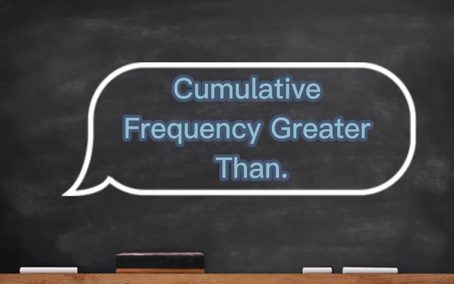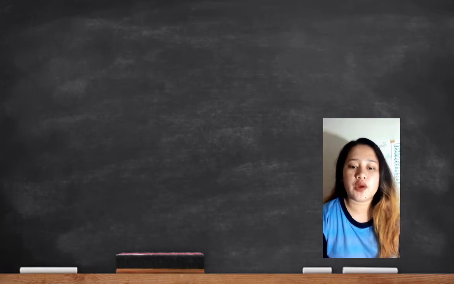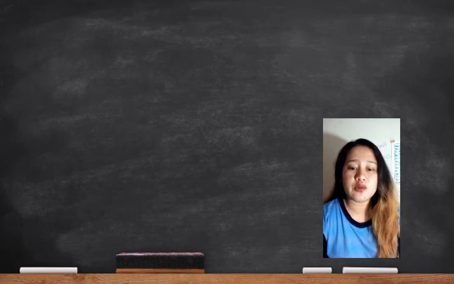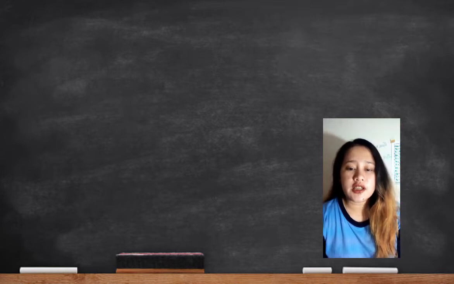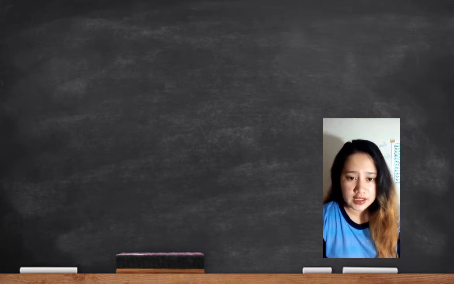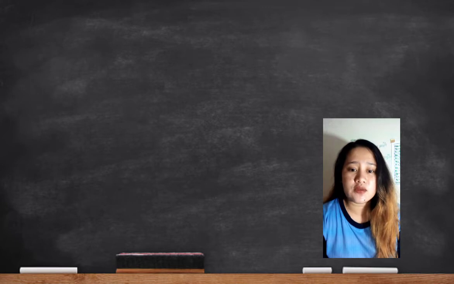Now, the cumulative frequency greater than for a particular value of the variable is obtained by adding the frequencies of all values greater than that value, starting from the frequency of that particular value, by adding its frequency to the frequencies of all values greater than that value.